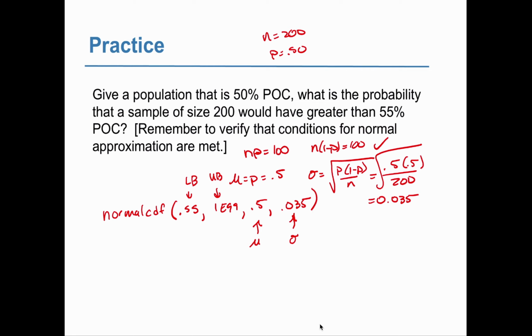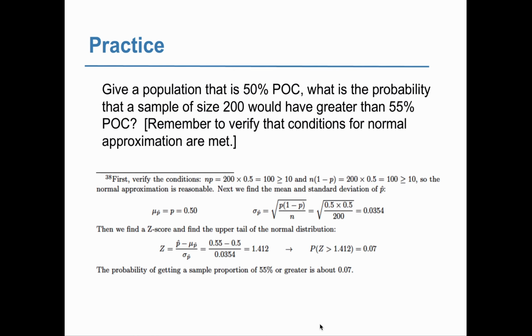If we sketch that, we have verified that we can approximate using the normal distribution. So with a mean of 0.5, we want 0.55 or higher, so we want this area. And that's going to turn out to be 0.07, about 7%.